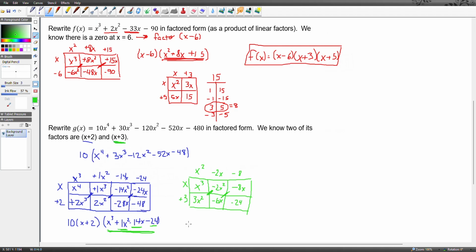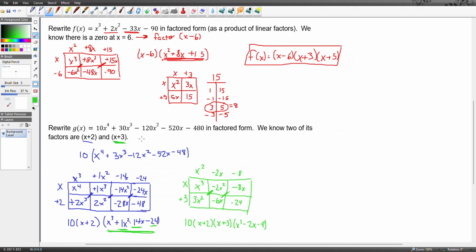So at this point, it's broken down into 10, and then x plus 2 from the first box, and then x plus 3 that I took out in this green box, and x squared minus 2x minus 8.